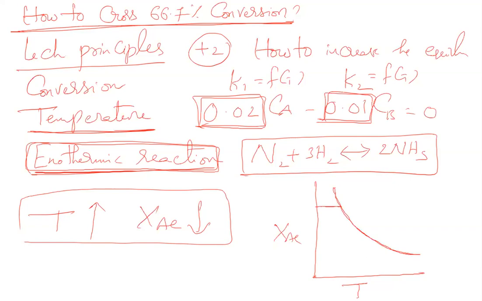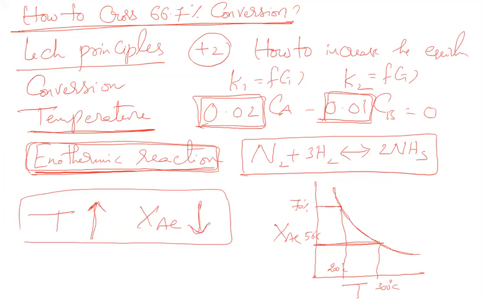Let's say if you are getting 70% conversion at 200 degrees, you may get 50% conversion at maybe 300 degrees. That is, by increasing temperature, your equilibrium conversion decreases.